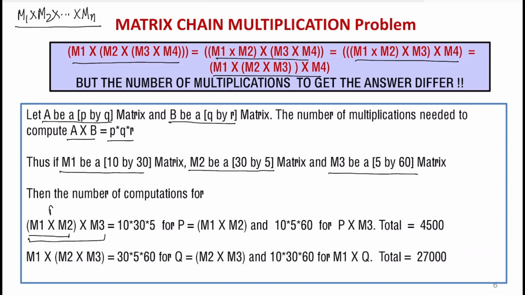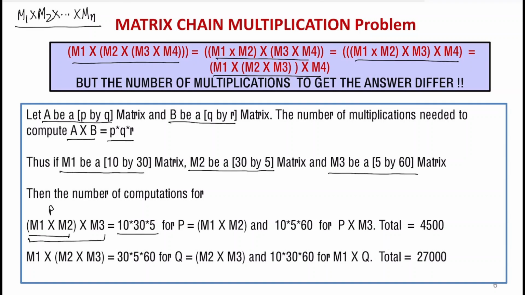so let this be P, then for computing P we require M1 into M2, which will require 10 into 30 into 5. So because this is 10, this is 30 and this is 5, it will require so many, and this must be multiplied with M3.